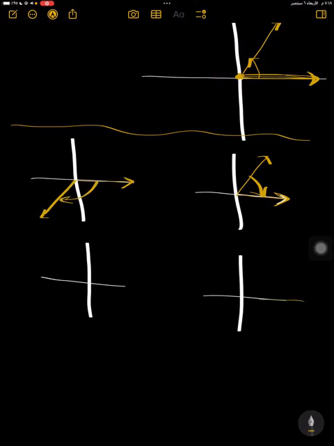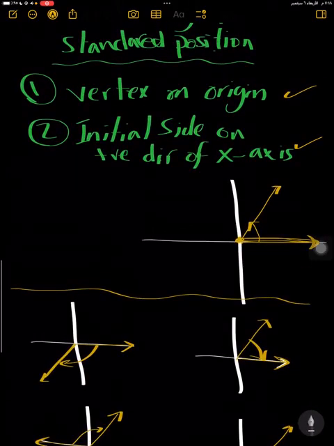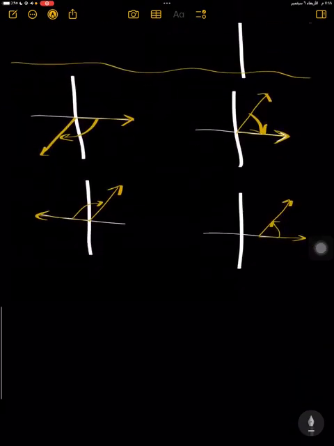The third one. And the last one. Okay. Don't forget, a directed angle is in standard position if its vertex is on the origin point, and the second condition is that the initial side is on the positive direction of the x-axis.